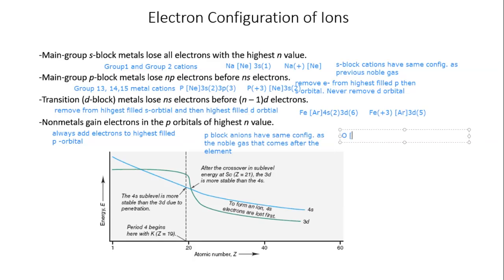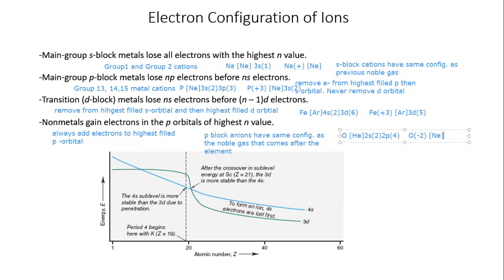Oxygen is helium 2s2 2p4. And then we have the oxide. So now we're going to add 2 electrons to the p orbital, so we get neon.